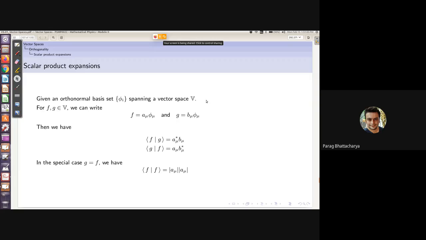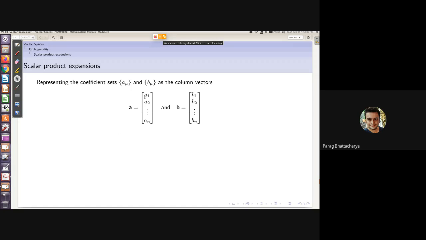So why not take all of these a coefficients and b coefficients and write them as column vectors? The function f we write as a_mu phi_mu, which is already known to us. So take these a_mu coefficients and write them as a column vector. Similarly, do the same thing for the b coefficients.